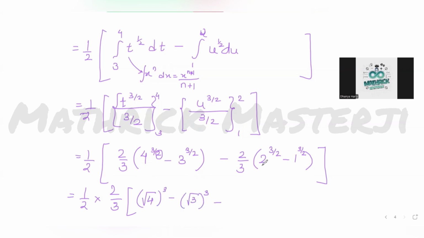And if I solve for this, 2 raised to 3 over 2 would give you square root of 2 cubed. Minus times minus, which is plus, 1 raised to 3 over 2. So square root of 1 cubed. Now once I solve for this and this cancels, you have just 1 over 3.